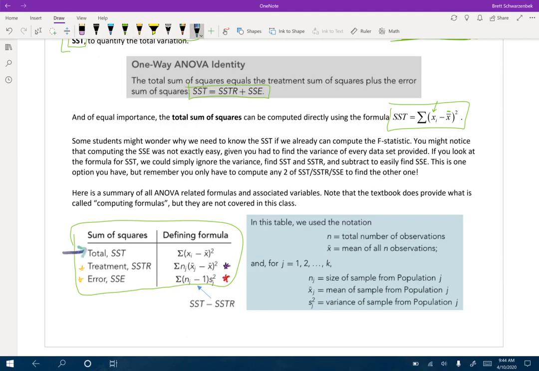You might say, well, why do we actually need to know this? Are you ever going to be asked for this? Well, hypothetically, you will have to fill out the SST, but truthfully, all it is is taking these two together and adding them. So technically, you don't have to calculate SST directly, but there's a big but here.